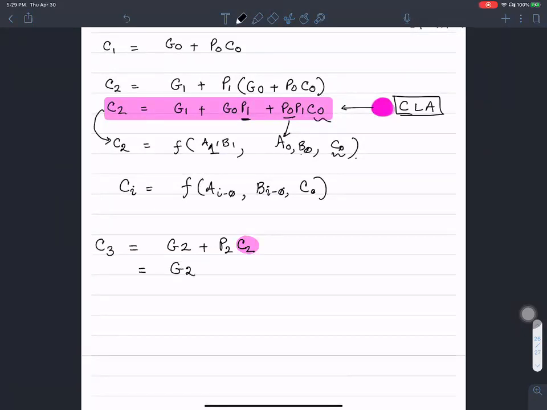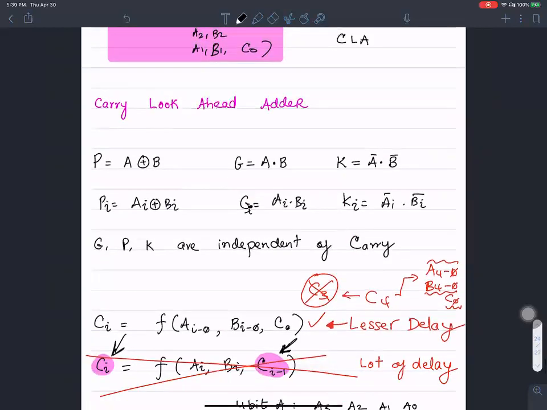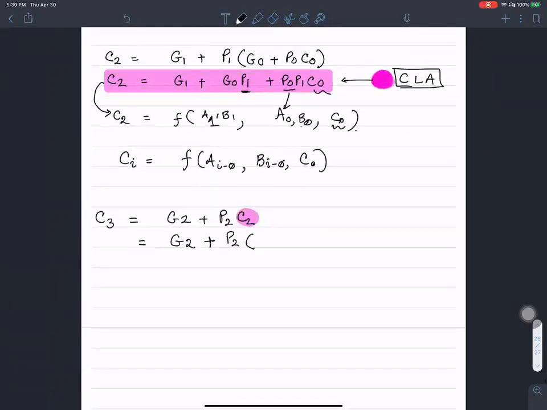I leave this G2 as is because G, P, K are independent of carries. So I can tolerate that. I can pretty well tolerate any amount of G in my expression. I can leave G2 and P2 as is, but C2, I'm going to replace with the equation from above. I'm going to bring that equation over there. So let me do that.